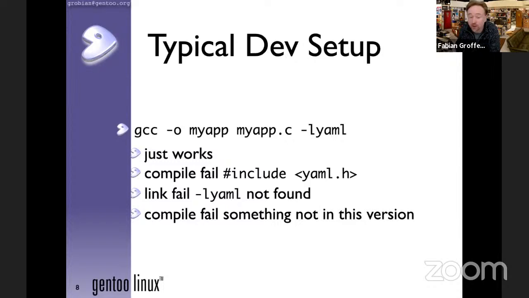It was installed in a different place or it was not installed at all. And the worst case, which is usually also the most nasty one to resolve, is that it actually fails to compile because it thinks there's something different, which is usually what's happening when you have different versions of software and it doesn't compile anymore.